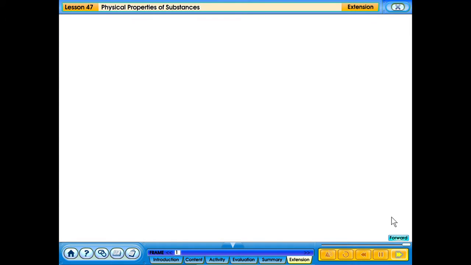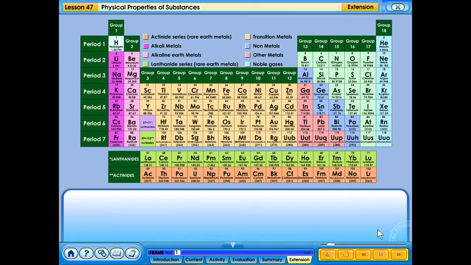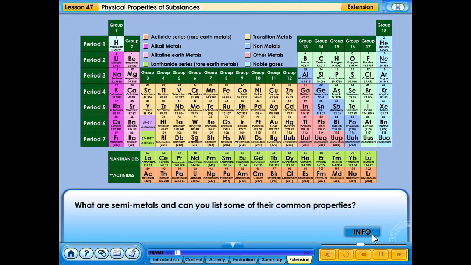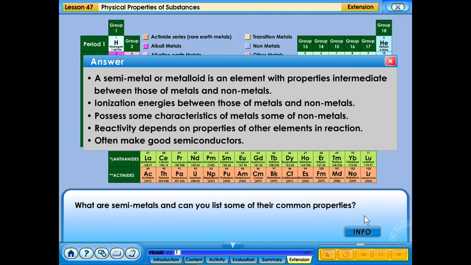Observe the periodic table of elements. The elements colored blue are the semi-metals. What are semimetals, and can you list some of their common properties? A semimetal or metalloid is an element with properties intermediate between those of metals and non-metals.